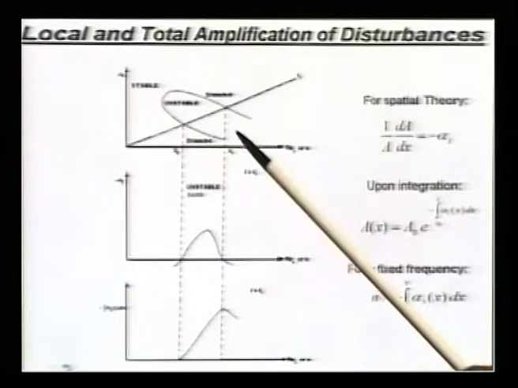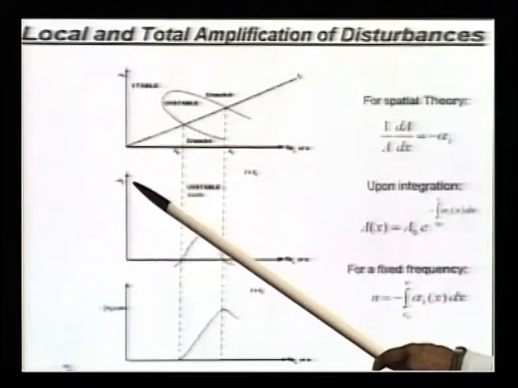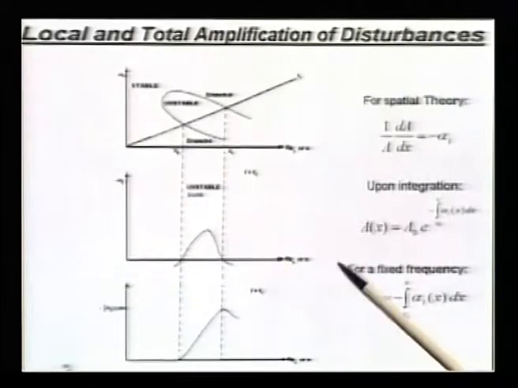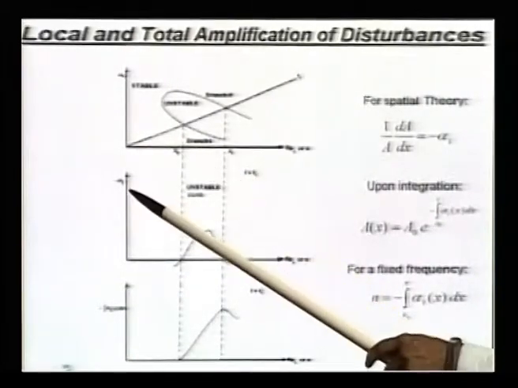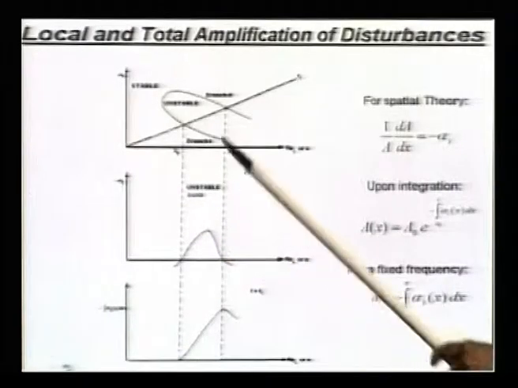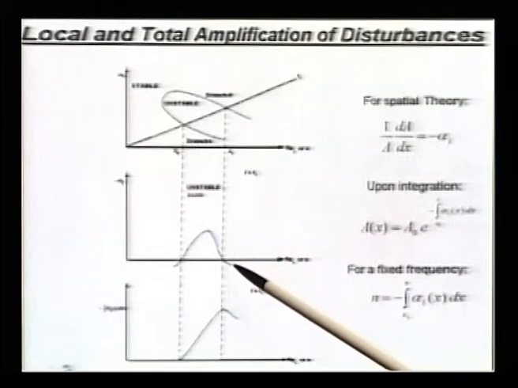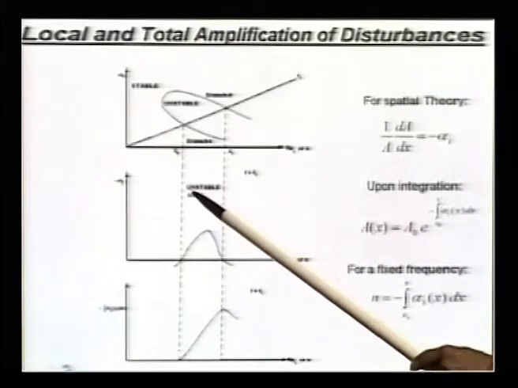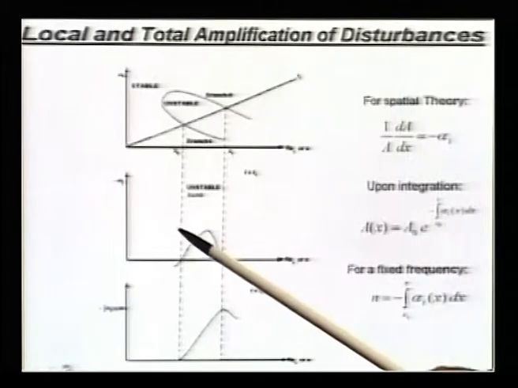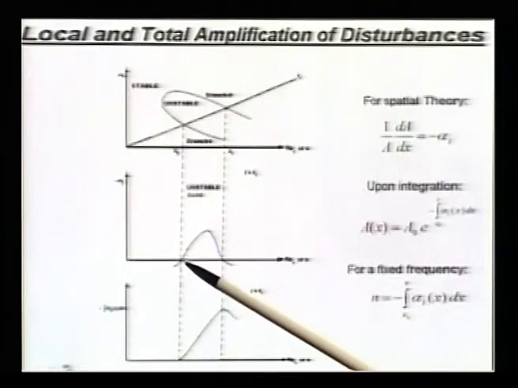So, what happens is, if I now plot minus alpha I versus x, then between these 2 points I would have growth, the unstable region, right. So, this is the unstable band, and outside these I will have alpha I as positive.